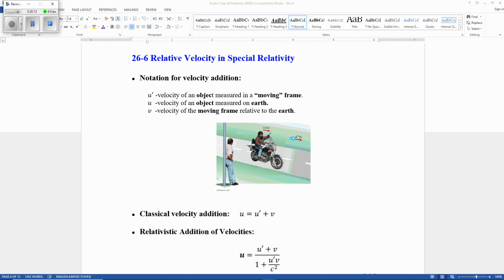U prime is the velocity of the object measured from the moving frame, so that's 0.7, the baseball at 0.7 c relative to the vehicle. U is the speed measured by someone from the ground, the speed of the baseball relative to the ground.